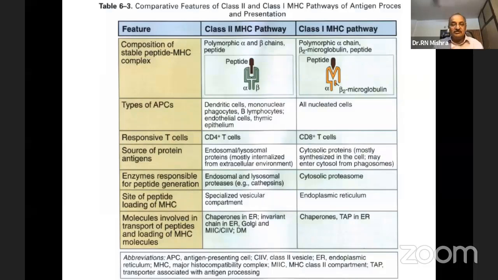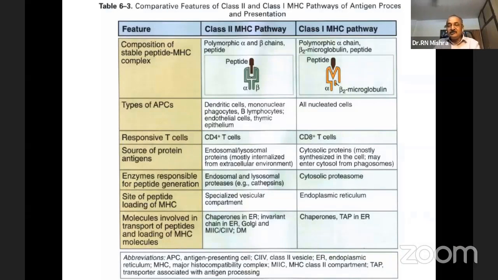So this is a comparative chart of class 2 and class 1 MHC pathway. Class 2 molecules are, for example, the DR molecule.